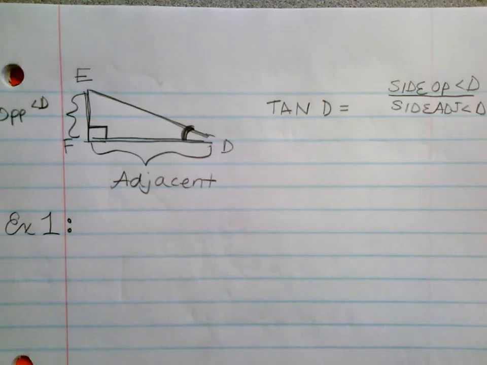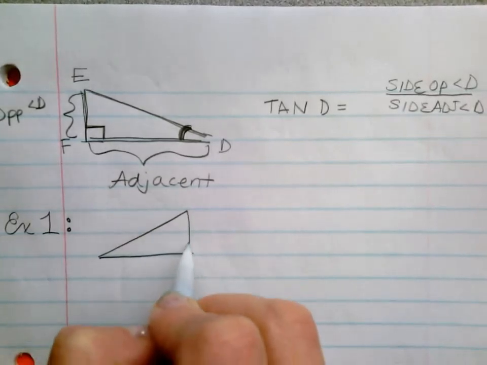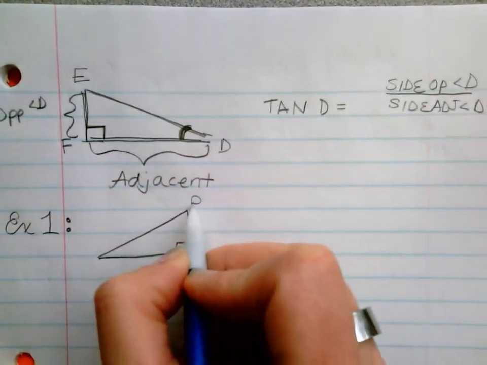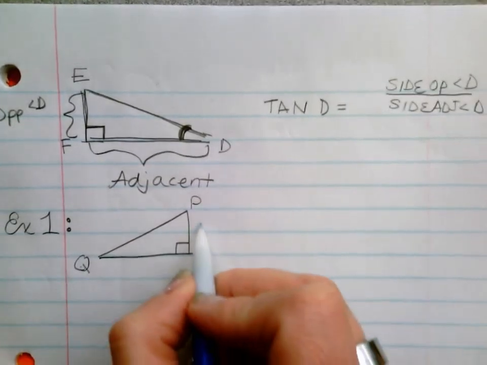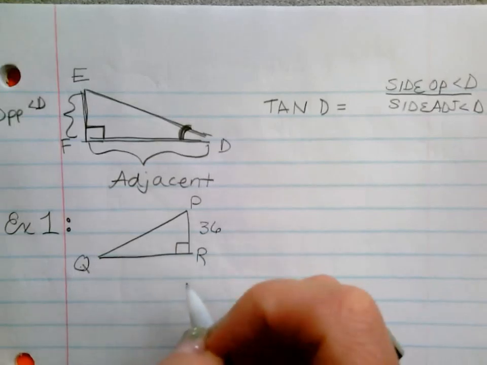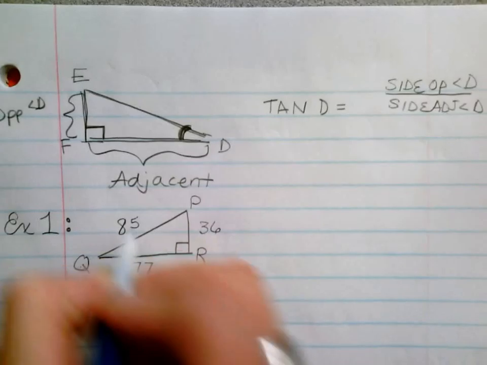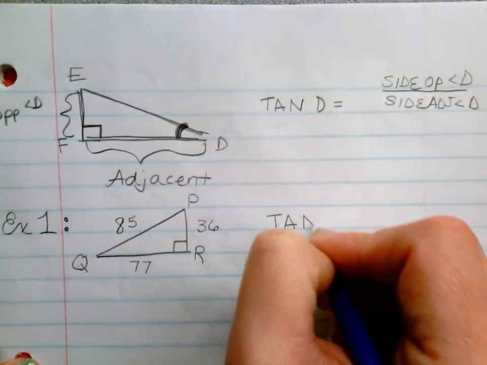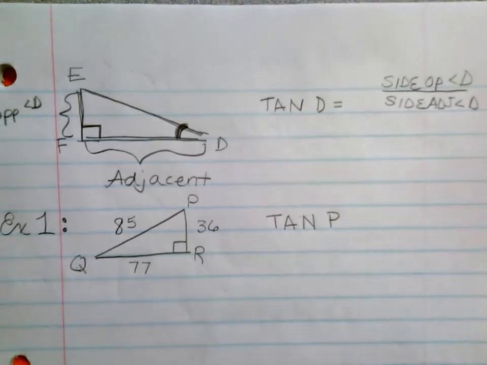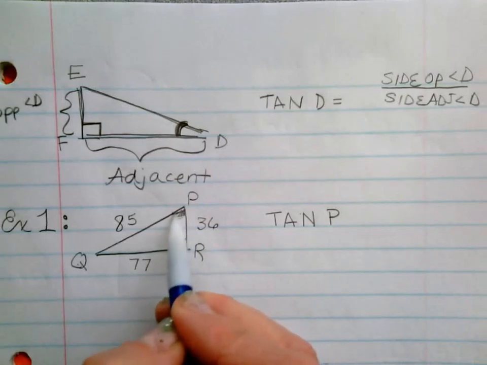There's a triangle that they have drawn, and it looks like this. This is example 1. They've labeled this P, this is R, this is Q. And they gave us some side lengths. The short leg is 36, the long leg is 77, and the hypotenuse is 85, right? They want me to give them the tangent of angle P. That's this angle right here.